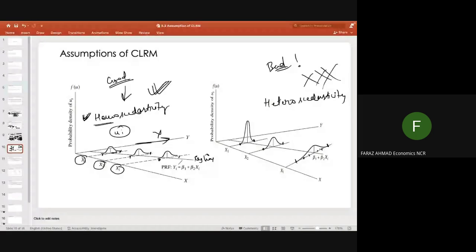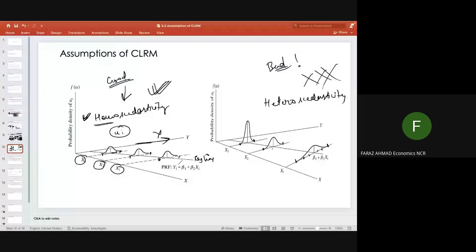This is a small error, and this is a big error, positive and negative. Here we have small errors and medium errors, and here we have small errors only. So there is a difference in variance.